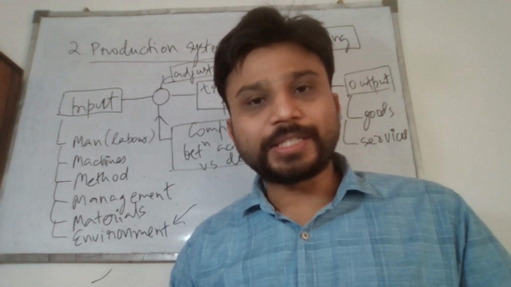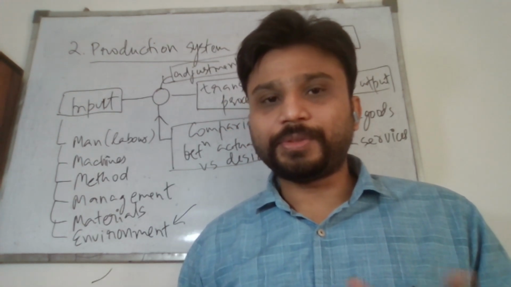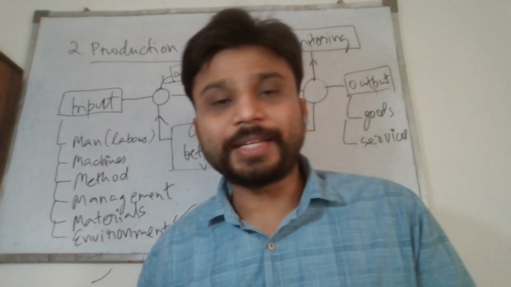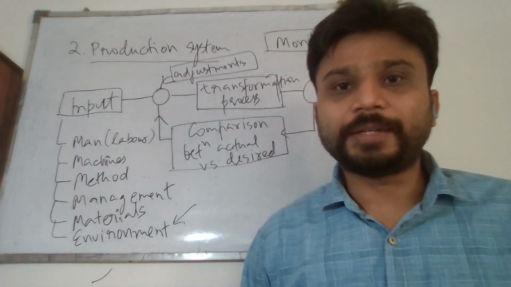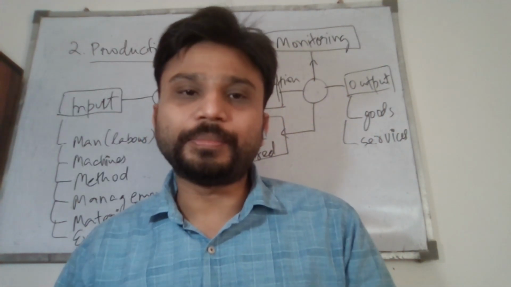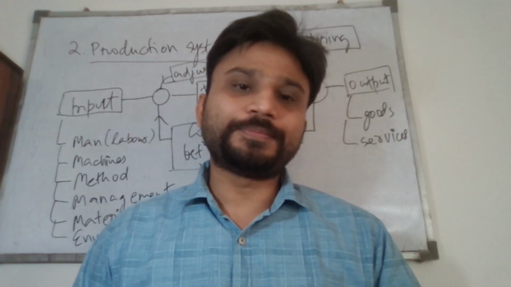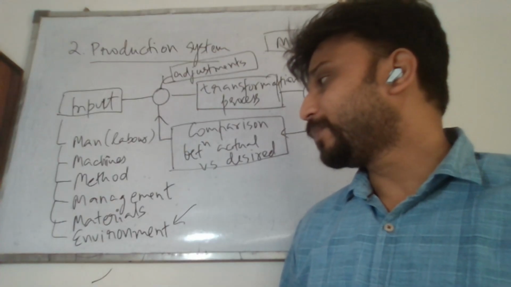The steel plate is required, and other machines are required, like a CNC turning machine and hydraulic presses. Labor is required. All those things form part of the input. They have to be given to the system, without which our system cannot function properly.